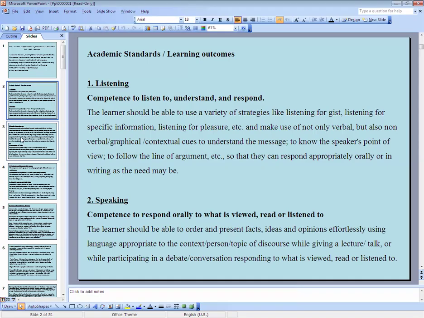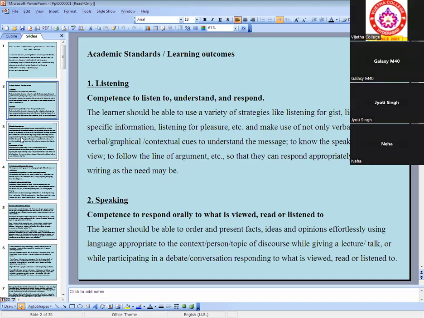Here, the learner should be able to use a variety of strategies like listening for a gist, listening for specific information, or for pleasure, any kind of listening, and make use of not only verbal but also non-verbal or graphical or contextual cues to understand the message, even to know what the speaker is trying to say, the point from the speaker's side, even to follow the line of argument, many things, so that you can respond appropriately to what has been listened and what is needed there.